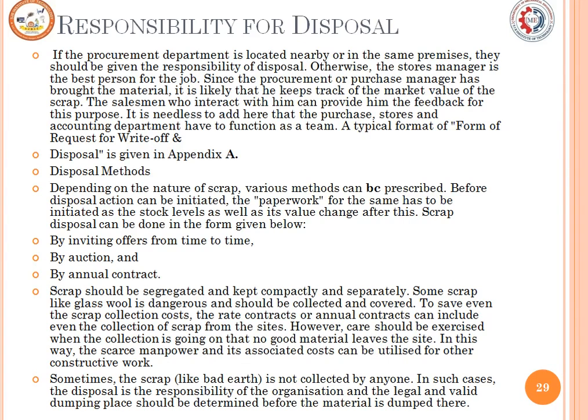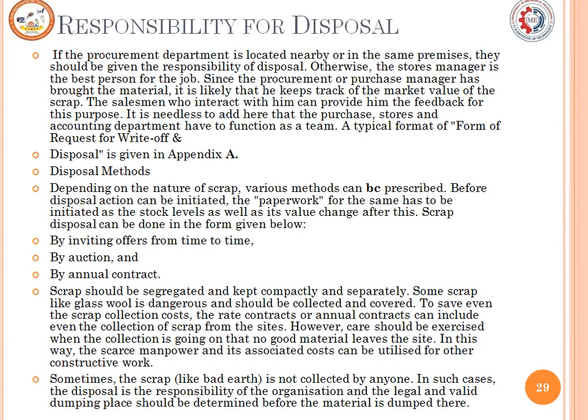How must this waste be segregated? Based on the different types of material, like plastic, MS, aluminium, which are made up of different materials, we have to keep them separately and dispose of as and when. Some of the products may be dangerous also, so they must be collected and covered so that they don't do any harm to the environment.